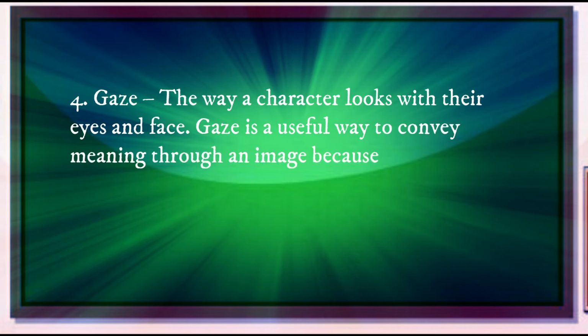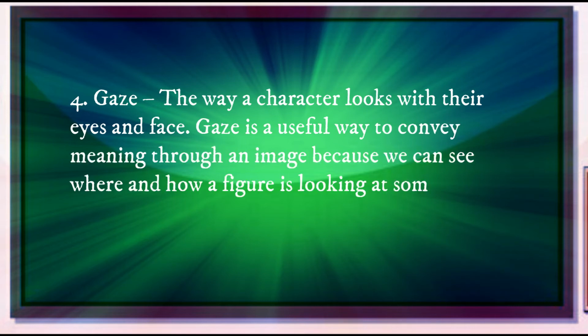Number 4, gaze. The way a character looks with their eyes and face. Gaze is a useful way to convey meaning through an image because we can see where and how a figure is looking at something. We have types of gazes.